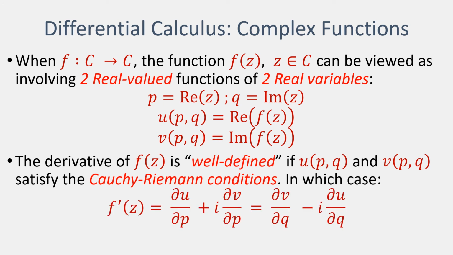And if that is the case, then to form the first derivative of the function, we can form it as a partial derivative of one function with respect to one variable plus the object i multiplied by the partial derivative of the other function with respect to the same variable. Or we can write it in this form here.